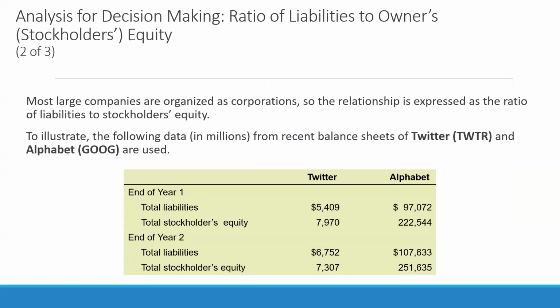For example, Twitter, total liabilities of 5,400, 7,900. Generally, if you're looking at the financial statements of big public companies like that, the amounts are in millions.